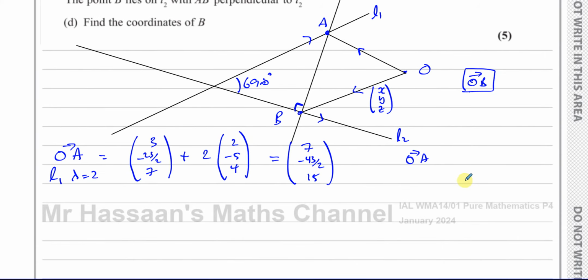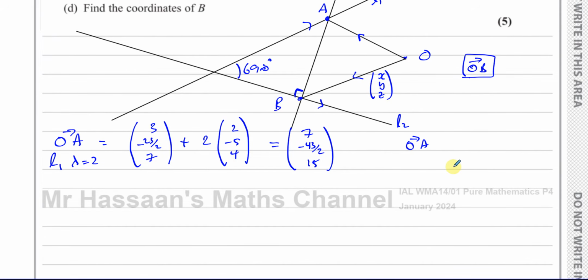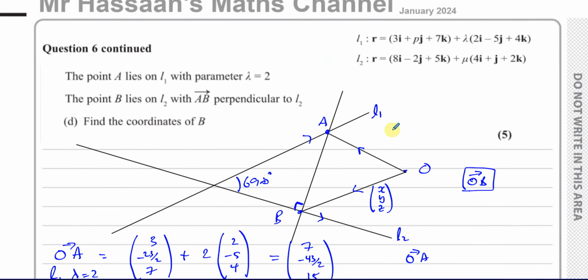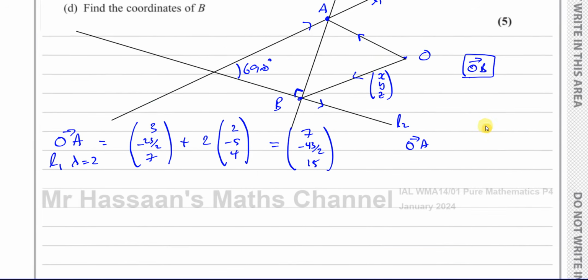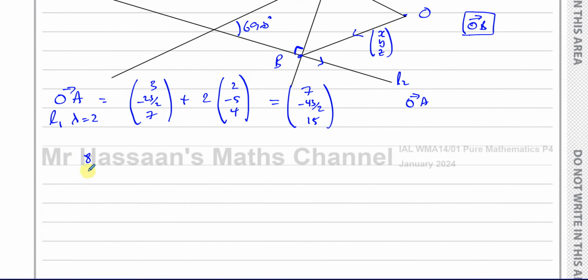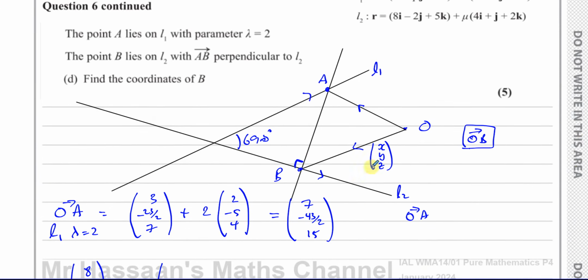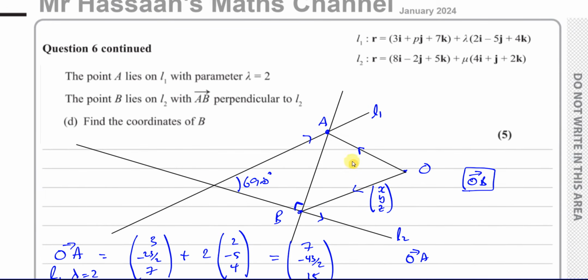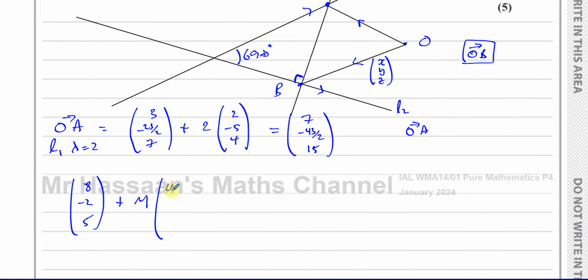So what I know is that B lies on the line L2. Line L2 is 8, minus 2, 5 plus mu times 4, 1 and 2.